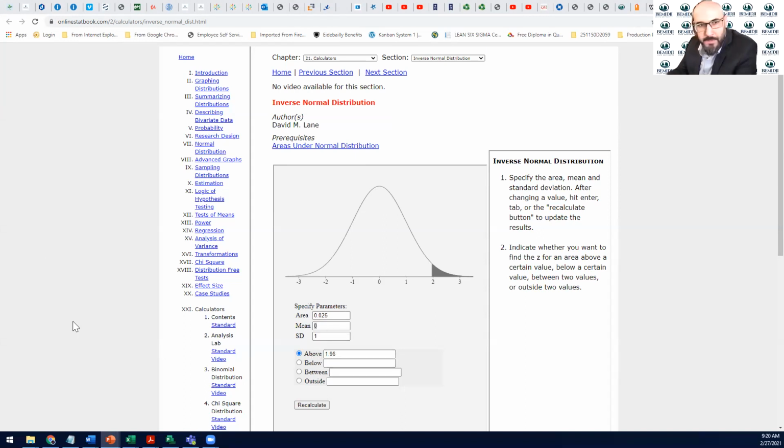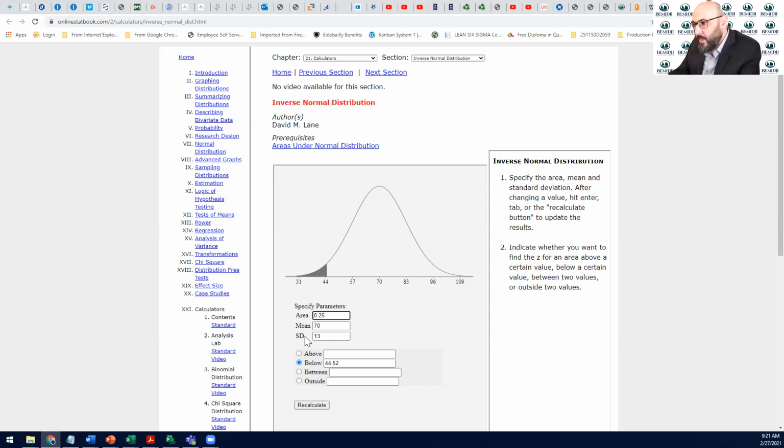The mean is 70 and the standard deviation is 13. What we're trying to find is the area, which would be the 60th percentile.